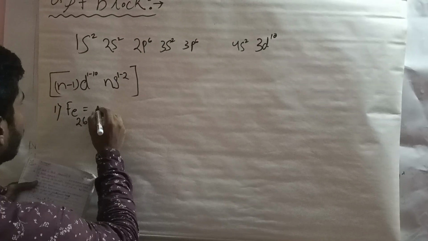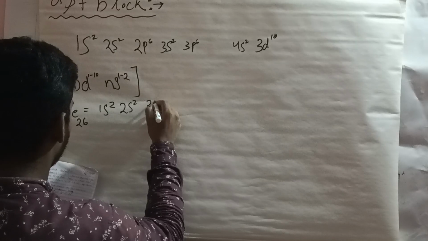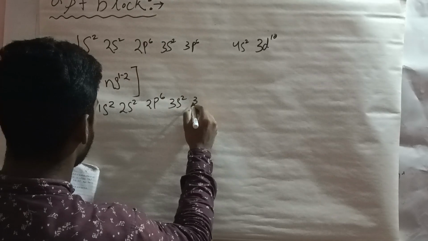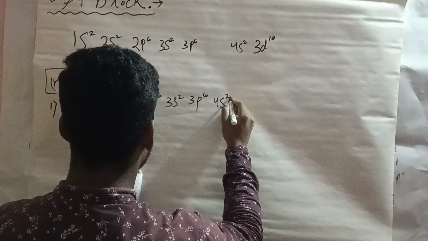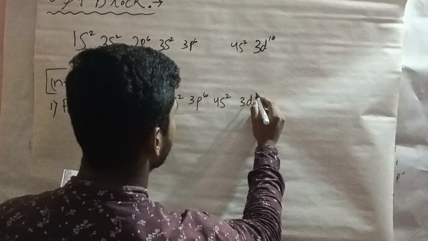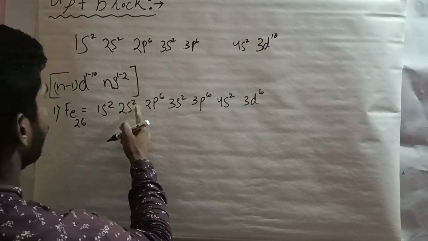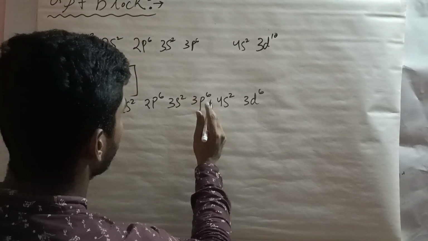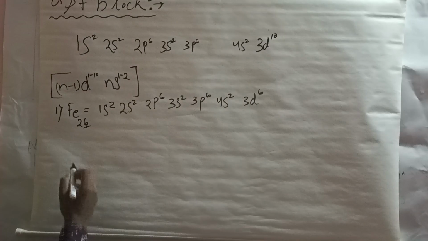Now 1s2, 2s2, 2p6, 3s2, 3p6, 4s2, 3d6. Okay, let's count: 2, 4, 10, plus 6 is 12, 18, and 2 is 20, plus 6, we get 26.